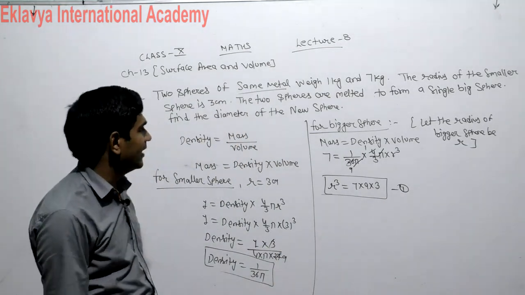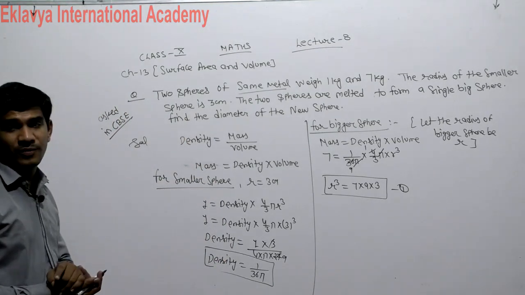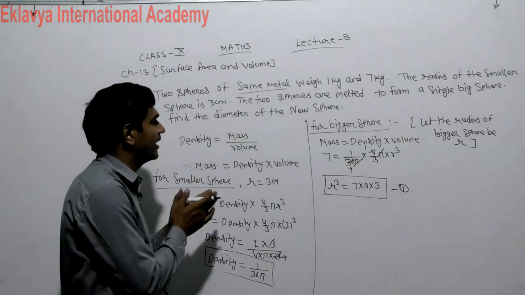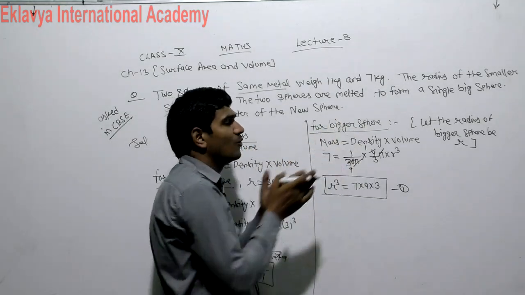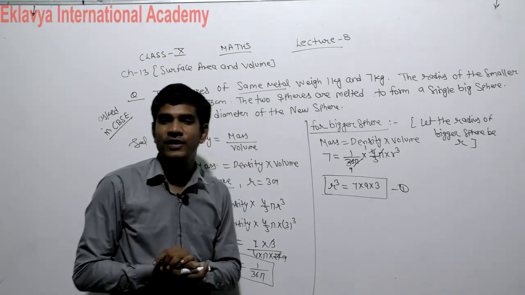Now after that we will find out the diameter of the new sphere. How will we find out the diameter of the new sphere, students? For that, volume of smaller sphere plus volume of bigger sphere is equal to the volume of the new sphere.